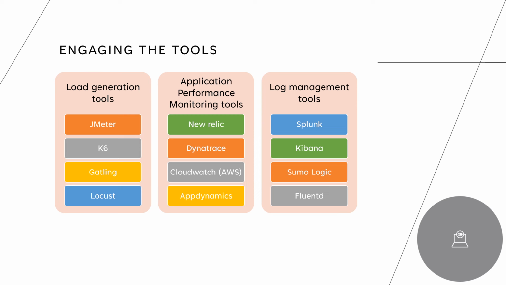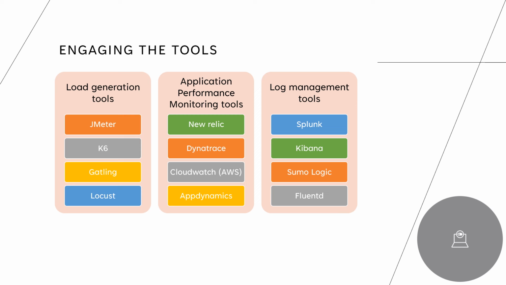When there is an error, you go into the log management tools and figure out what went wrong when the testing was started. A lot of events happened, and you will be able to see and filter them out. That is very helpful when something goes wrong.